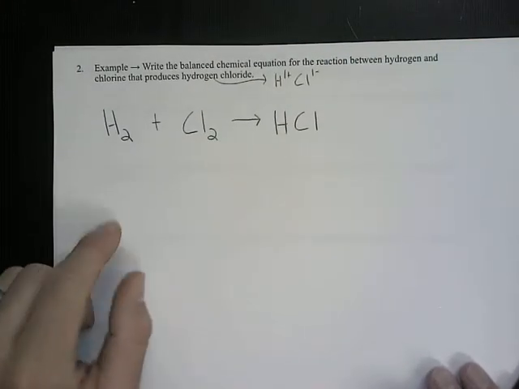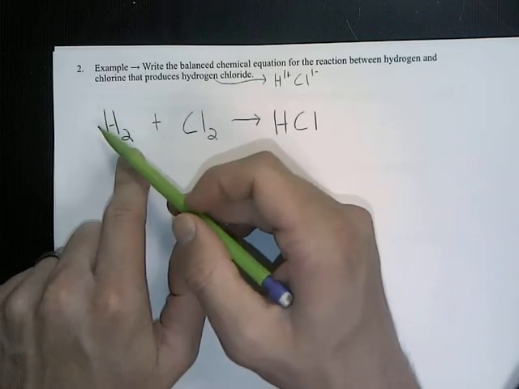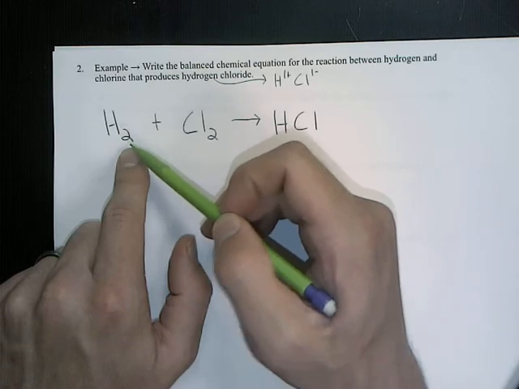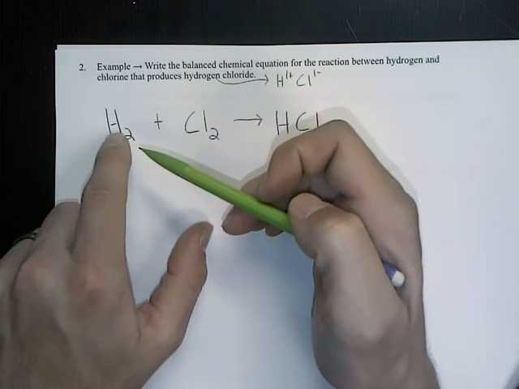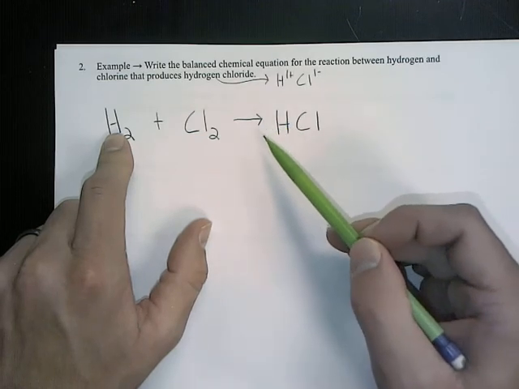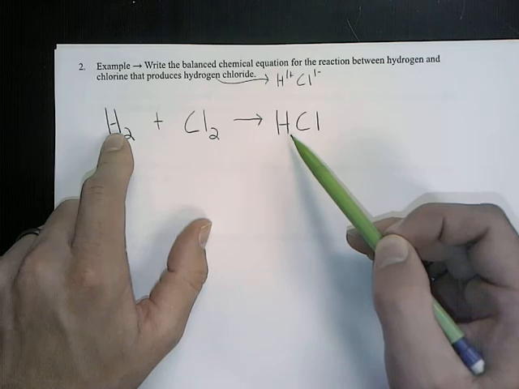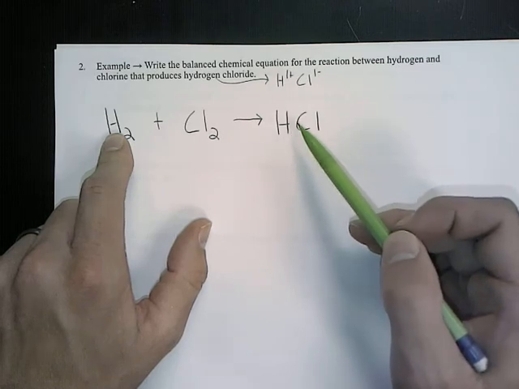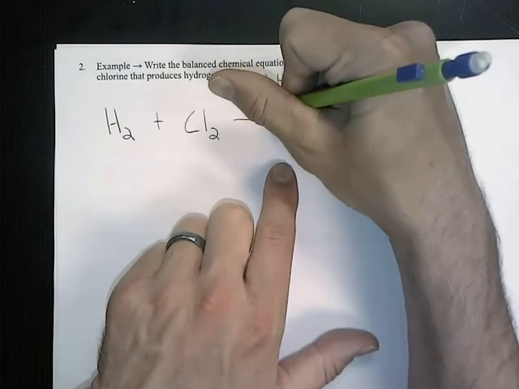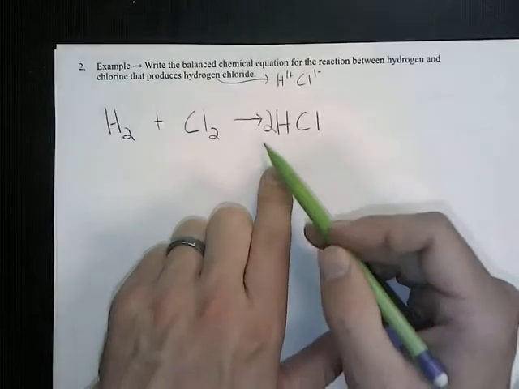So what we need to do is look at this. We see our H. We have no coefficient, so we assume there's 1 times the subscript, so 1 times 2. This means we have 2 hydrogen. On the right-hand side, we have a coefficient of 1 times our subscript, which is also 1, so we only have 1. So this side needs a total of 2, and so we put a 2 coefficient out in front.